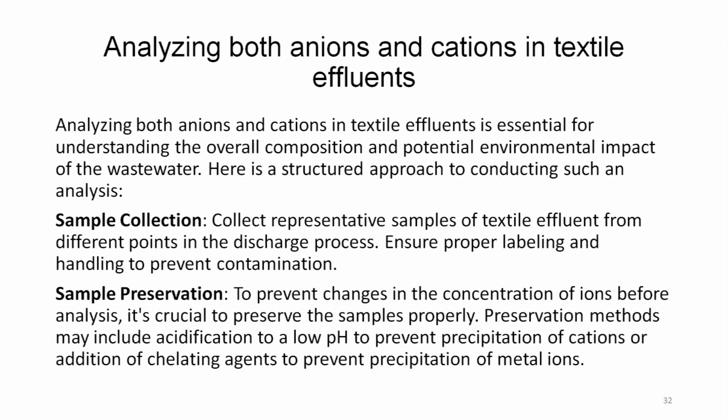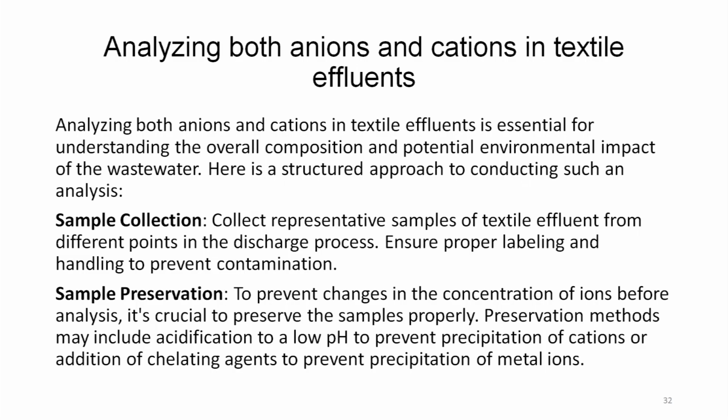Now, let us see how anions and cations in the textile effluent are analyzed. Analyzing both anions and cations in textile effluent is essential for understanding the overall composition and potential environmental impact of the wastewater. Here is a structured approach to conducting such an analysis. Sample collection.